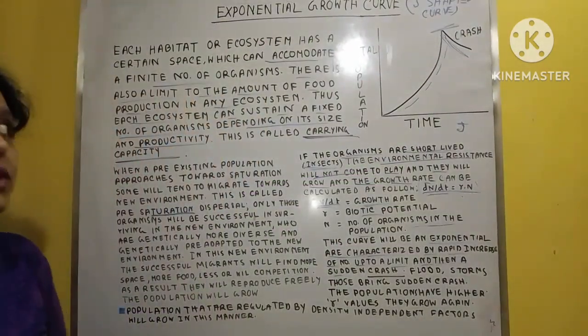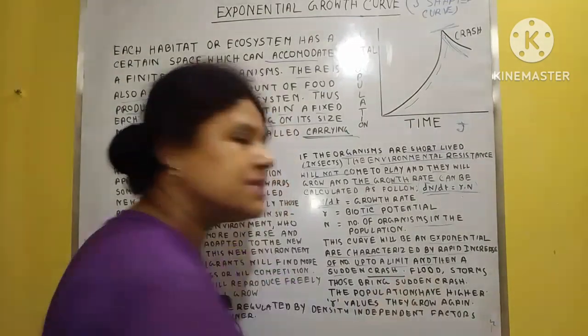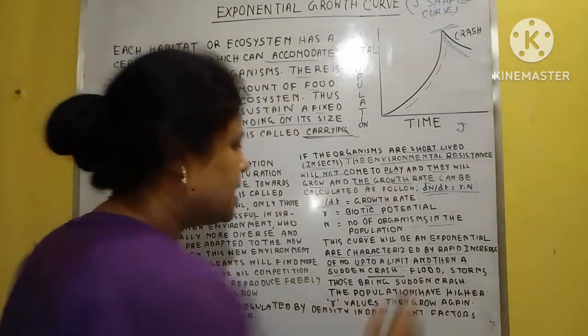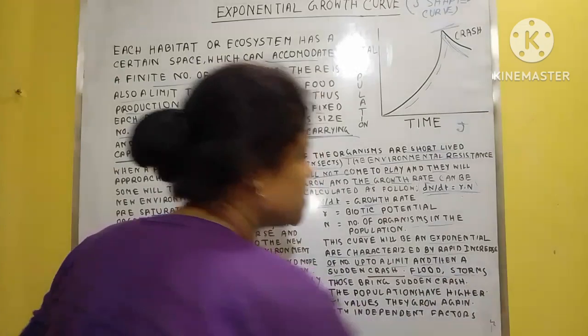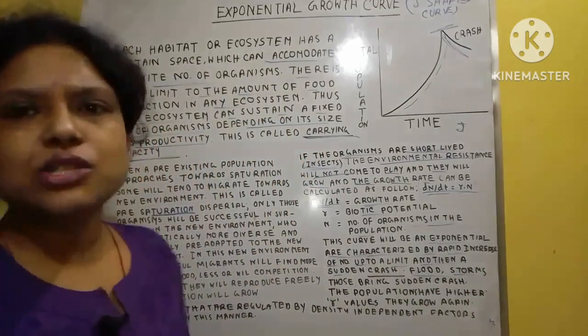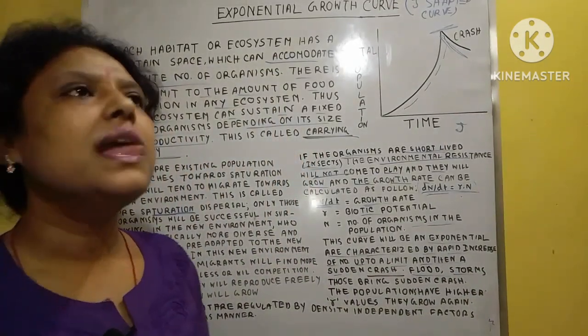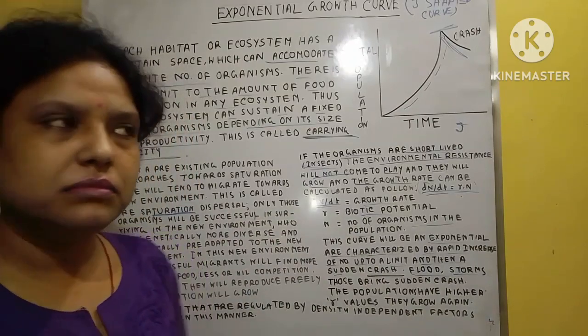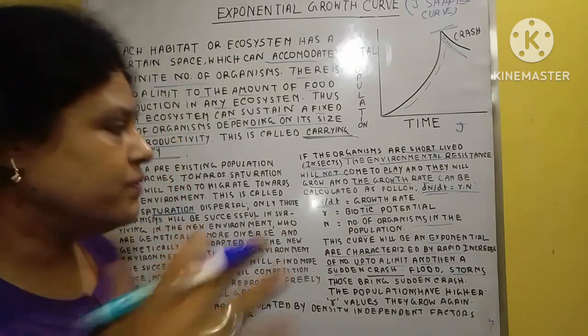Why is a crash possible? Because of natural calamities, that is, floods, storms, drought. Drought does not affect much; storms, floods and other natural calamities are also involved here.